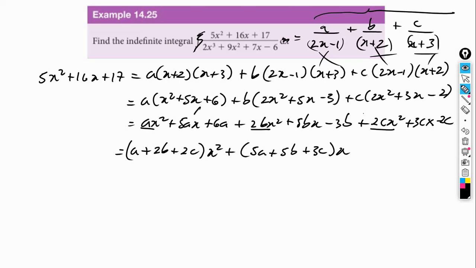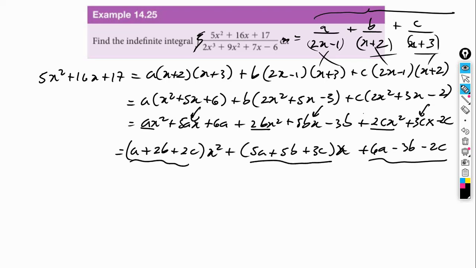Notice that I get that from here, here, and here. And then finally, plus 6a minus 3b minus 2c. This would be the constant part. So we have a constant part, we have a linear part, and we have a quadratic part.